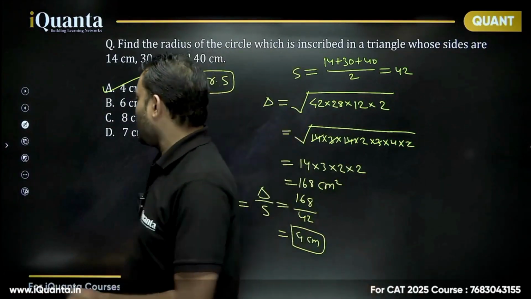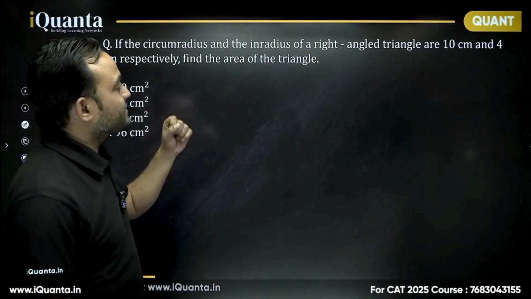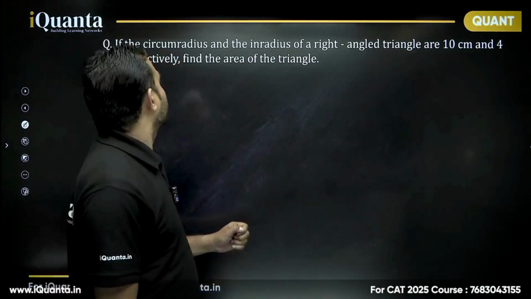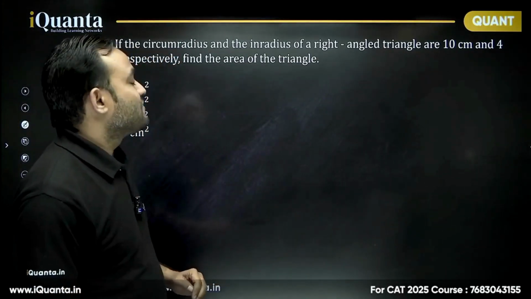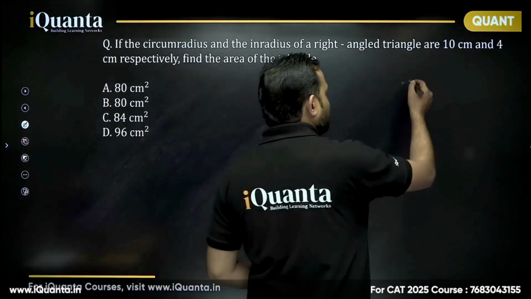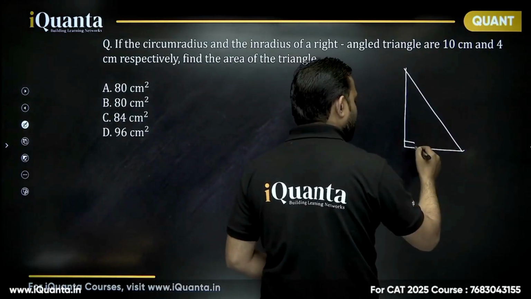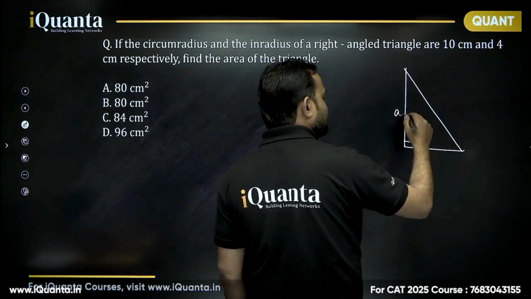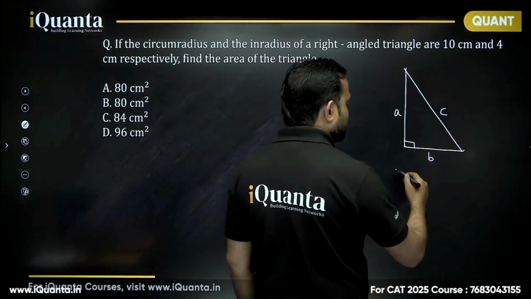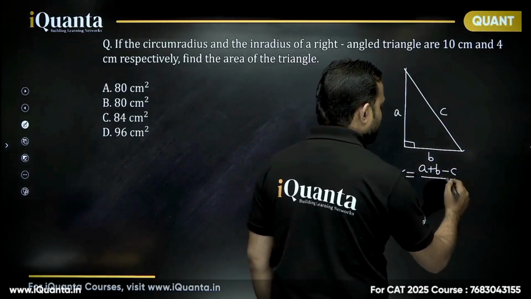Okay. Now, next question. If the circumradius and inradius of a right angle triangle are 10 centimeter and 4 centimeter respectively, find the area of the triangle. Now in any right angle triangle, remember that if this length is A, this length is B, and this length is C, we know that r is equal to (A + B − C)/2.